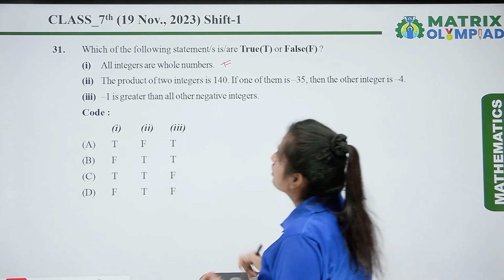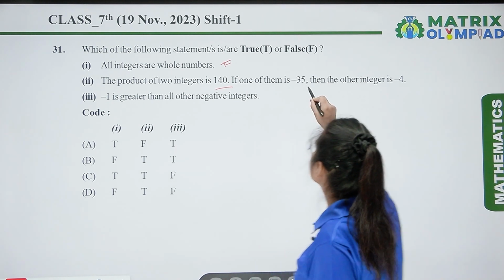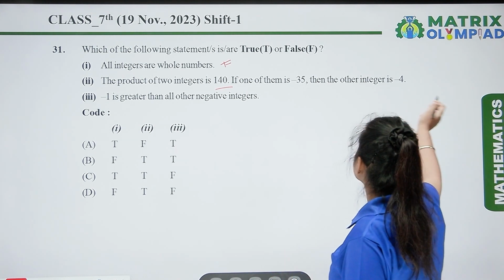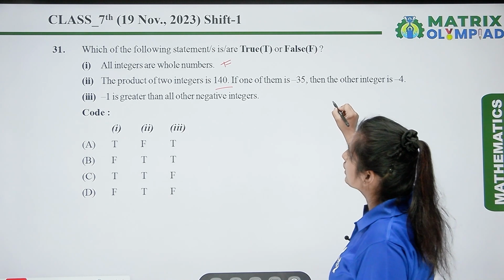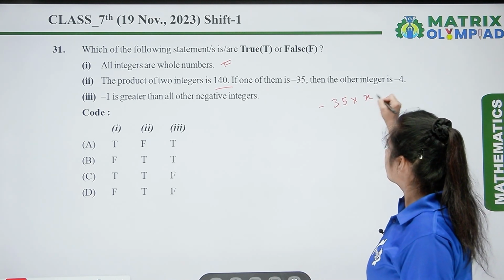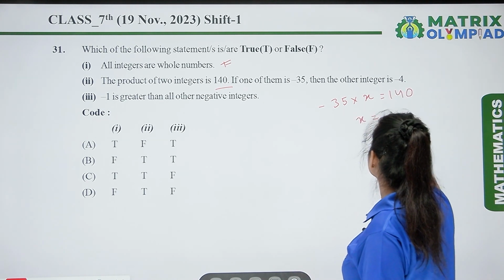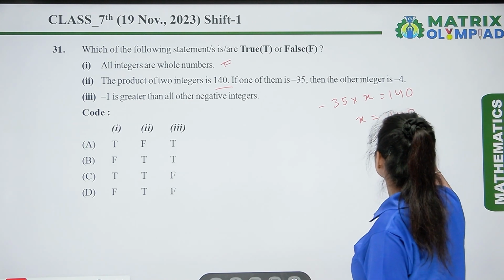Next we have: the product of two integers is 140. If one of them is minus 35, then the other integer is minus 4. Let's find out. Minus 35 multiplied by x equals 140. x is equal to 140 upon minus 35.